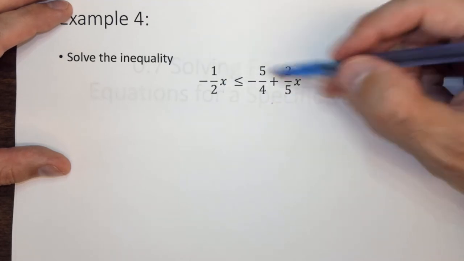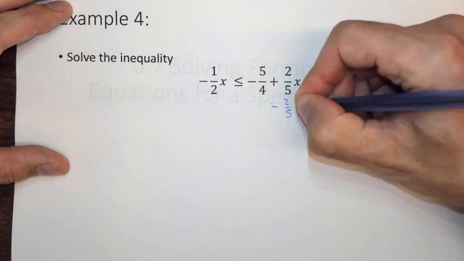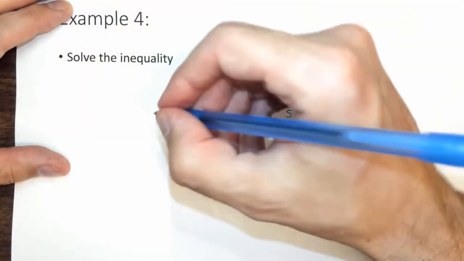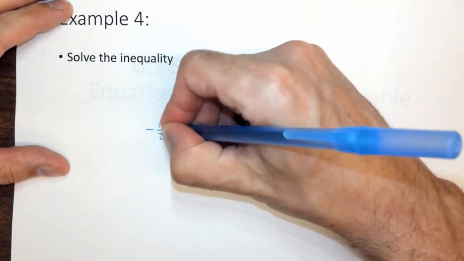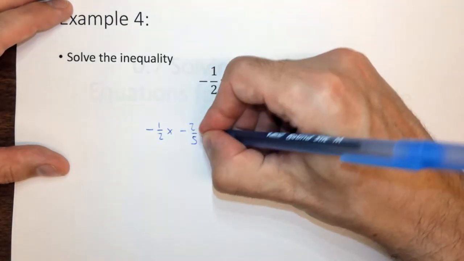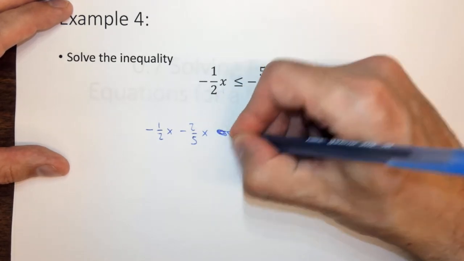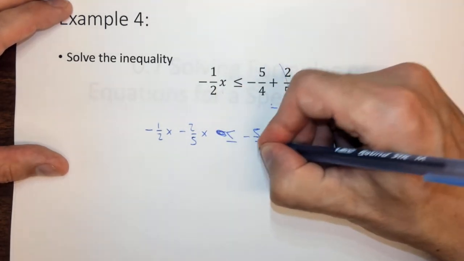We need to bring the x terms, the like terms, together. So we can subtract 2/5 x. What you end up with is minus 1/2 x minus 2/5 x is less than or equal to minus 5/4.